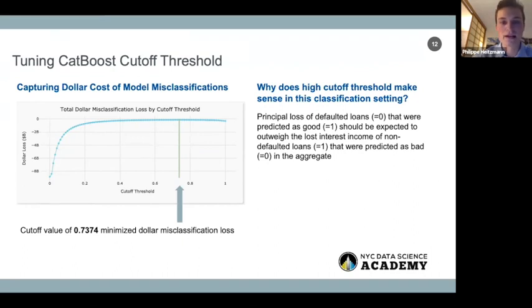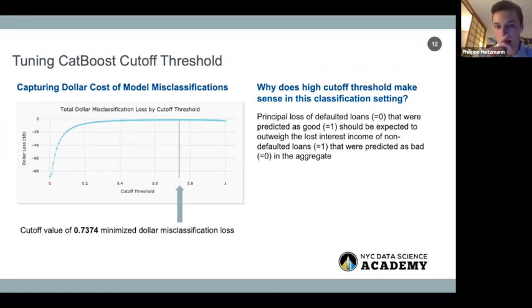Doing this exercise, we found that the optimal cutoff value for our model was 0.73. This makes intuitive sense because you would want your model to be highly confident in predicting a good loan as good, on average, versus predicting a bad loan as bad.